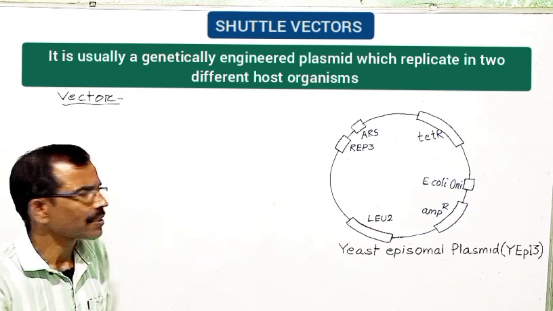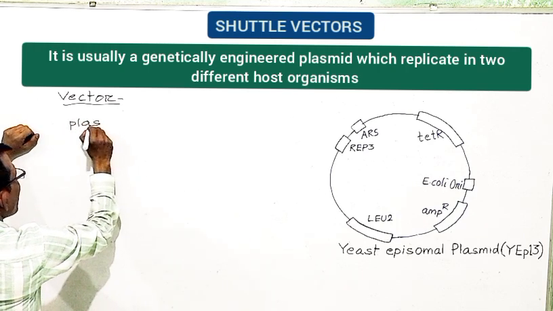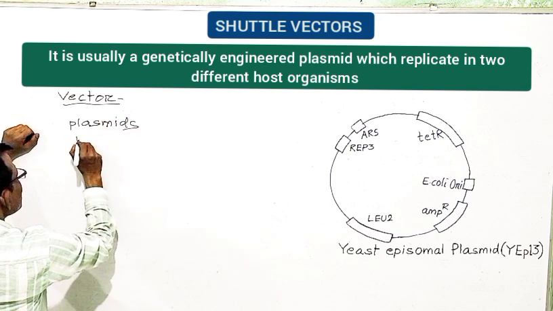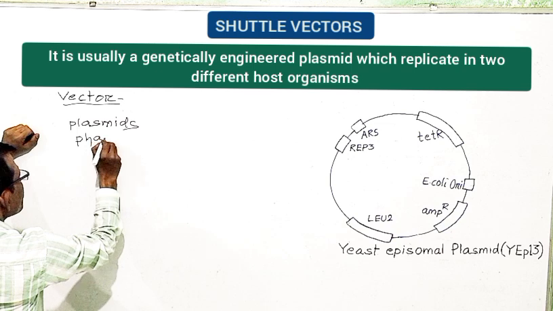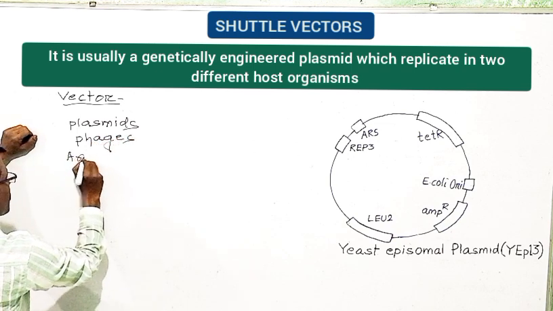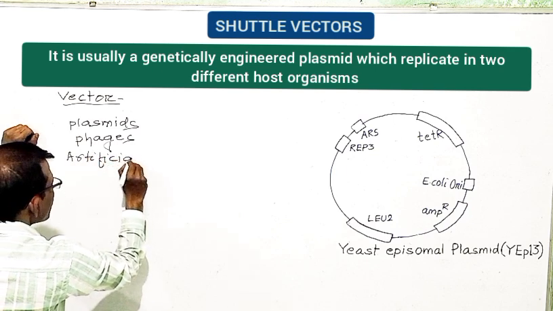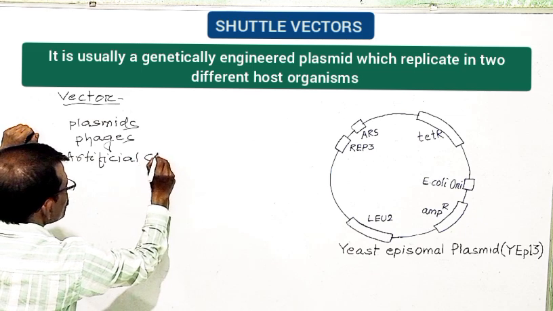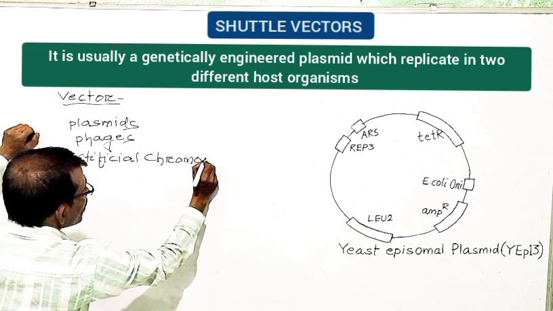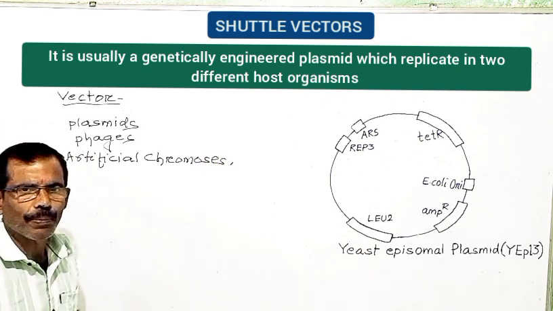Key types of vectors include plasmids, bacteriophages and artificial chromosomes. These vectors are used for cloning, protein production and also for gene therapy.